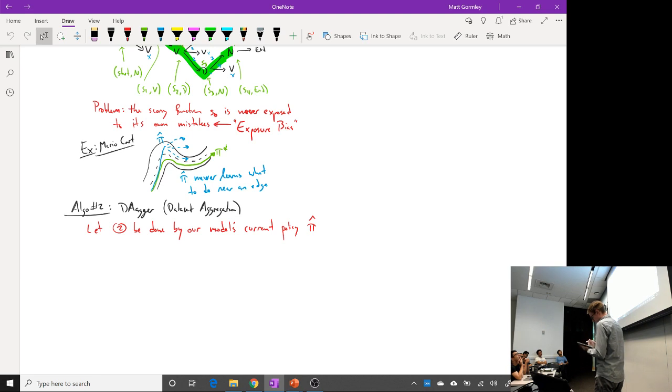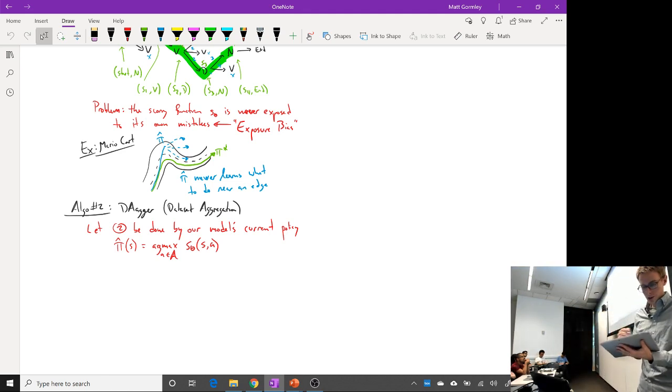And just so we're abundantly clear here, pi hat is going to take in a state and it's going to return the argmax over all possible actions scored by our scoring function that takes in the state and action pair. So our action is from some set of actions.